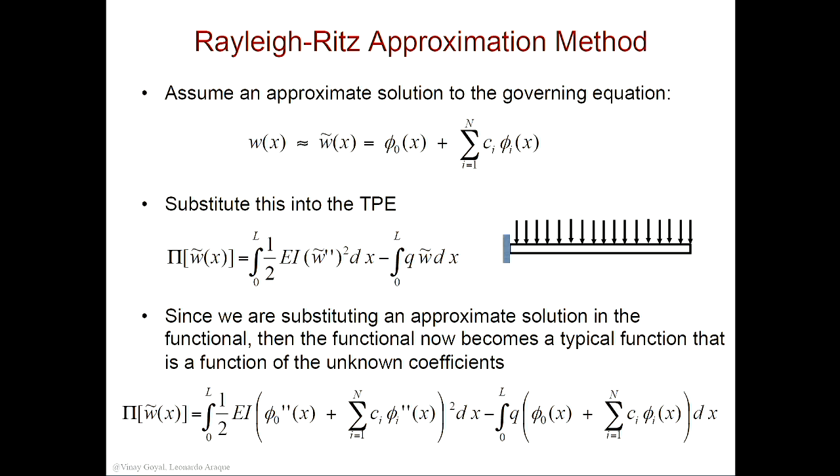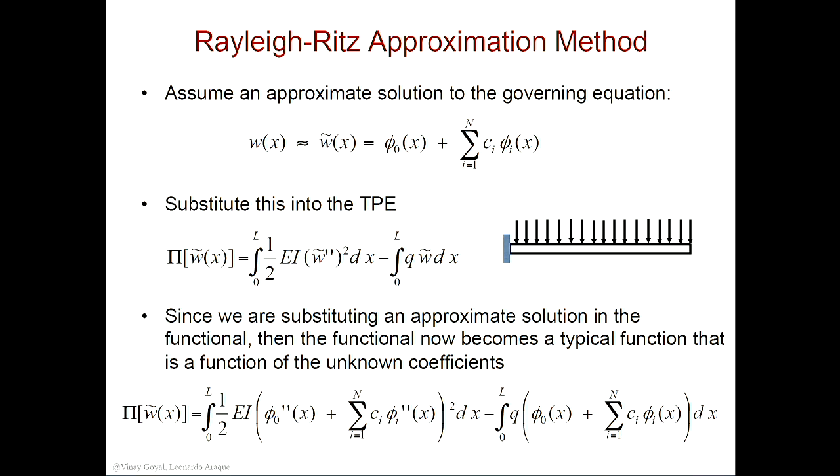So now this functional got turned into a regular function. How do you minimize a regular function? You take the derivative of pi with respect to the scalar quantity that you're trying to minimize it with respect to. So I take the derivative of pi with respect to C1, set equal to 0. With respect to C2, set equal to 0.